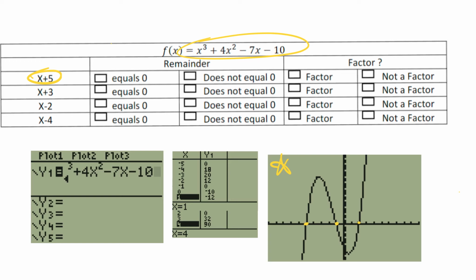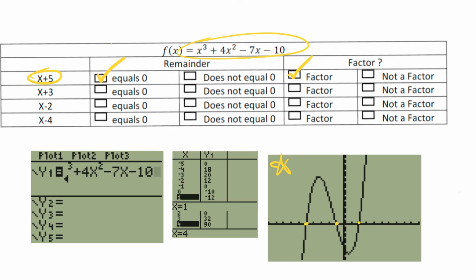So if we have these charts, these table answers, this is very easy, because if I choose equals 0, what does that mean? It is a factor or is not a factor? It is a factor. There are no other options. You should never have equals 0 not a factor. And you should never have does not equal 0 and is a factor.